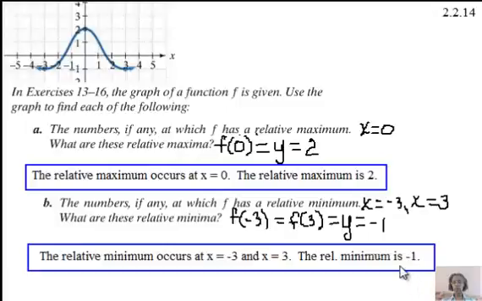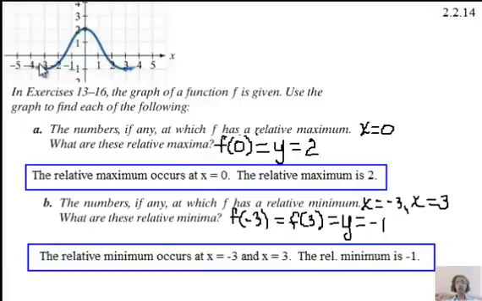Also, I want to point out that in this particular case, the relative minimum is also the absolute minimum. The relative minimum of y equal negative 1 is actually the lowest point on the graph. All other points on the graph lie above this. The relative maximum of 2 is not an absolute maximum, though, because the arrows on the ends of the graph indicate an indefinite increase of the function.